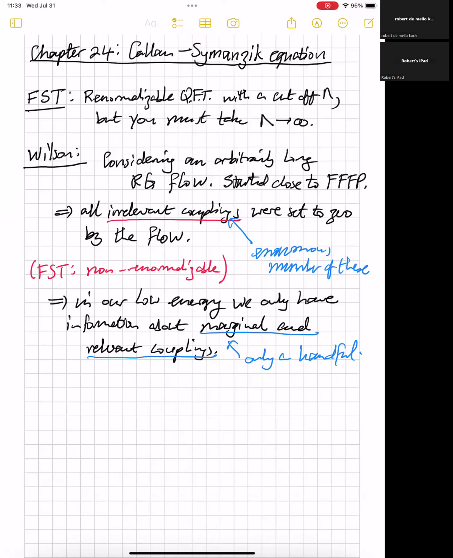We've only kept information about the marginal and relevant couplings, and this is the only data relevant to the low energy physics. So you can start to see why the Feynman, Schwinger, and Tomonaga description is slightly easier. They've thrown away a lot of data that just isn't needed to describe the very low energy limit of the theory. So we're only left with a handful of parameters, those corresponding to the marginal and relevant couplings.